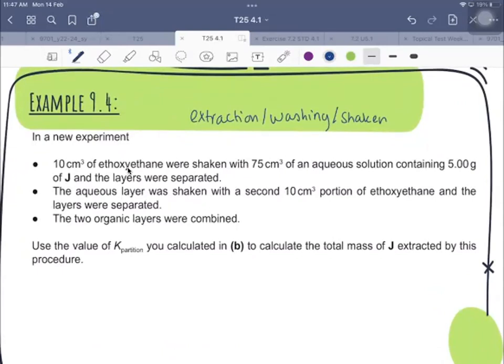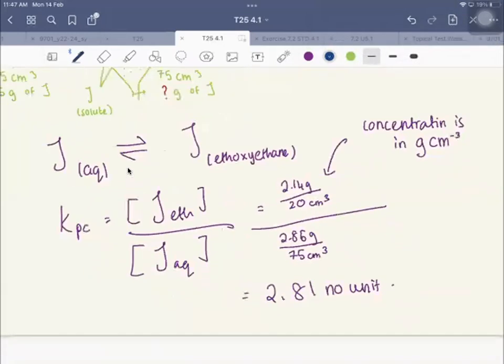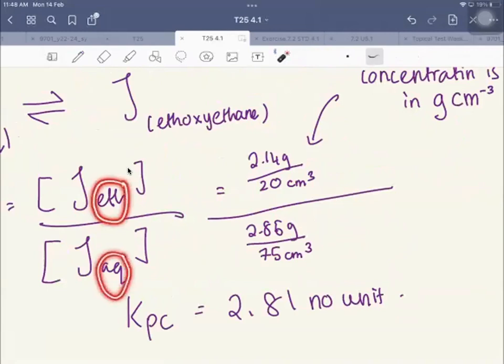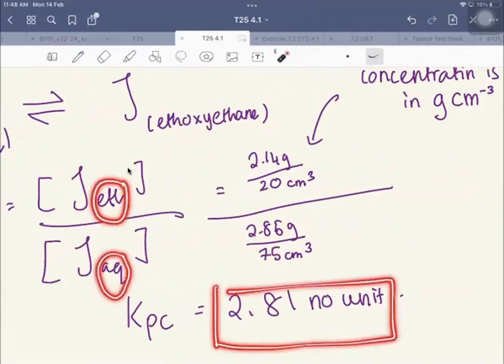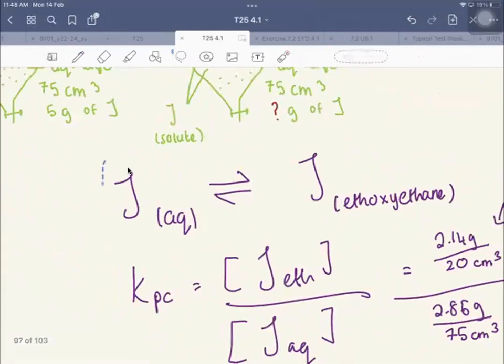Okay, so let's start with a diagram. But bear in mind, you know that the KPC, this is the most important. The KPC is the ratio of distribution of J between ethoxyethane and the aqueous layer. The number is 2.81. Okay, so let me just copy this information so that we don't forget them.